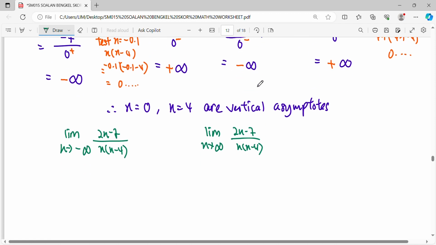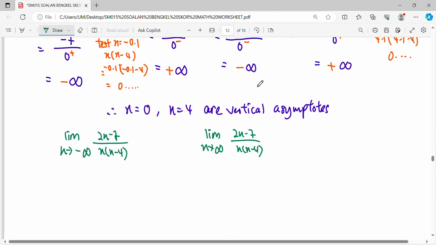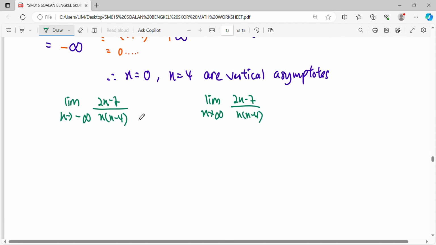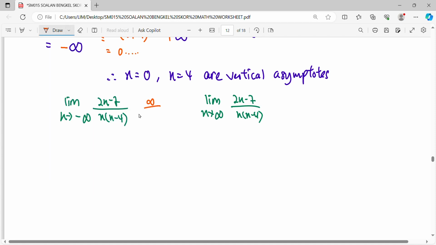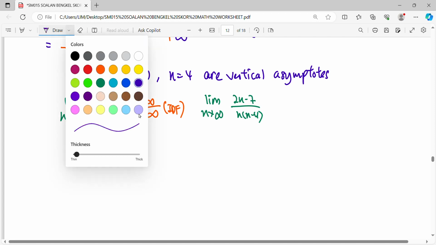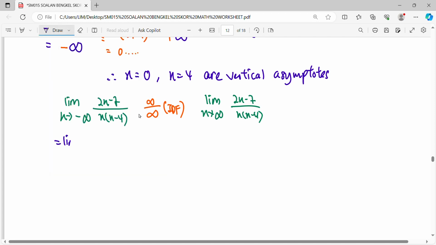Our first attempt when we're doing limit is to substitute first. If you substitute and get the answer, then straight away. If you get indeterminate, then you think how to simplify. So substitute infinity. Infinity times infinity, infinity. So infinity over infinity. Indeterminate means we need to simplify, we have to do something with this function.